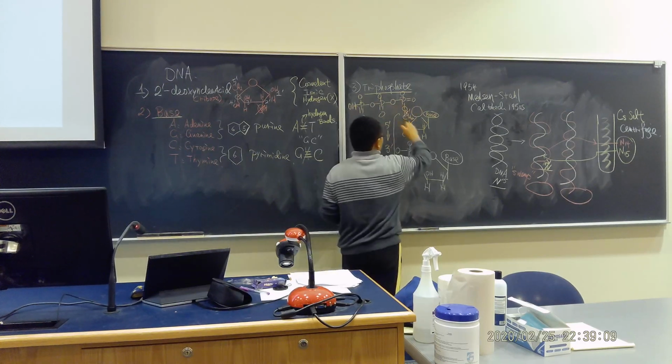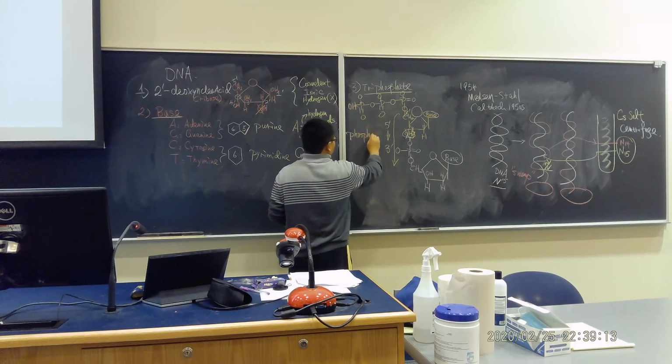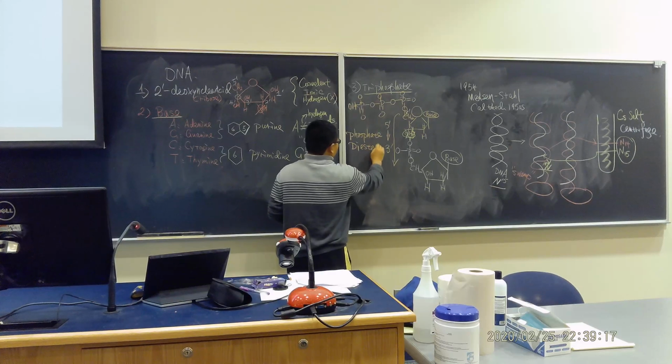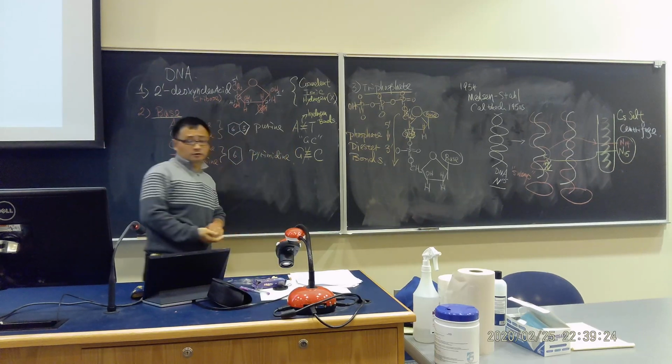Now what are these bonds named? That's called the phosphodiester bonds. Okay? These are the things important for the DNA.